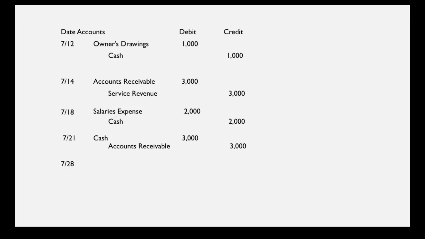And so we need to show that what we owe is decreasing. So whenever we owe money, that's accounts payable. So we need to decrease our accounts payable here by debiting that account. And we're paying our creditors. So we need to show that our cash is also decreasing by 2,000.